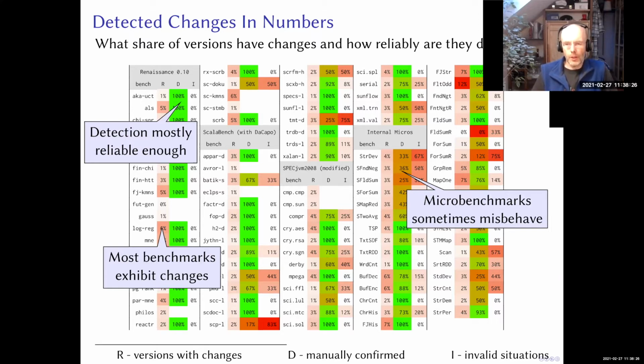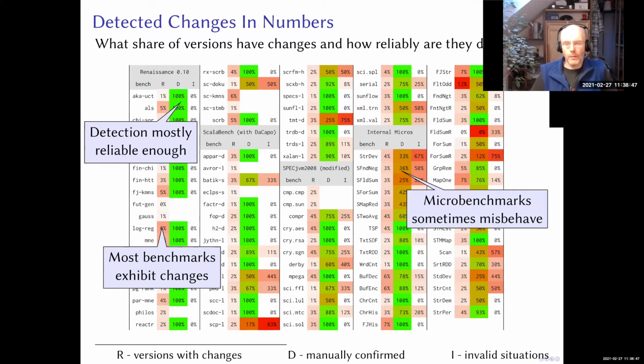And that's especially because we see the benchmarks exhibit some invalid behavior, or somehow the measurements are invalid in that even though the performance data really does show some change, that change cannot be attributed to code. So that's not something that we want to report to the developers anyway.